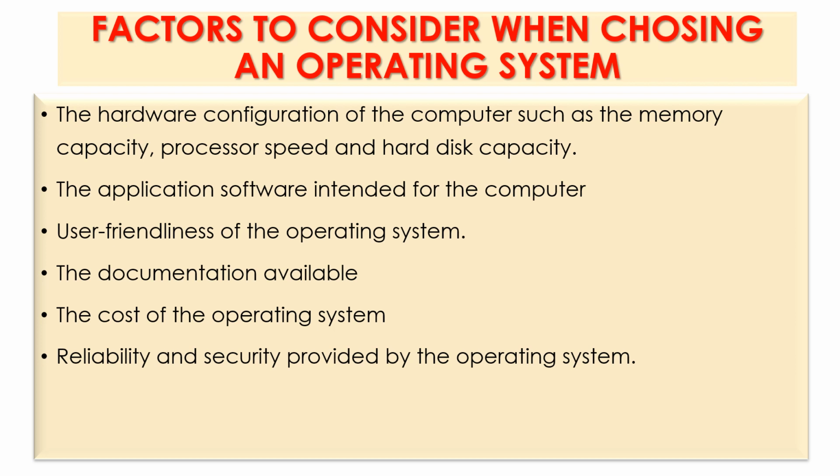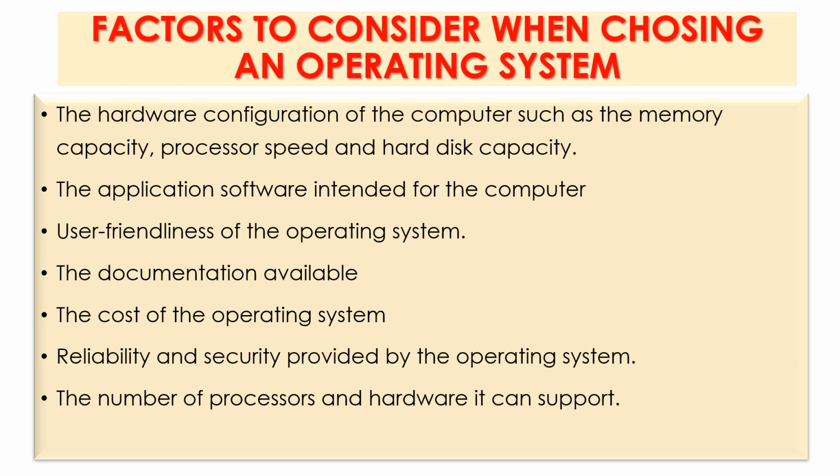Should I use the free one? Should I buy the other one? The free one comes with viruses. The other one maybe is well secured. In that case, you go for the one that can cost you something. So it depends on what you want to use that computer for.